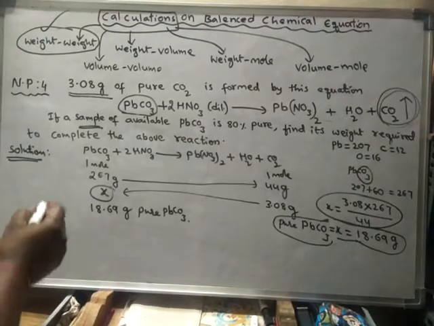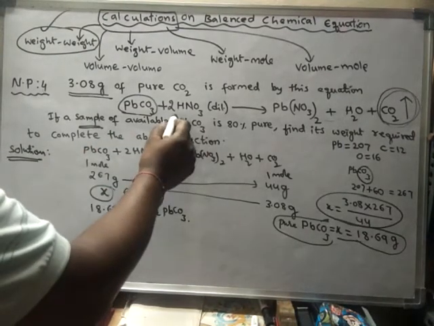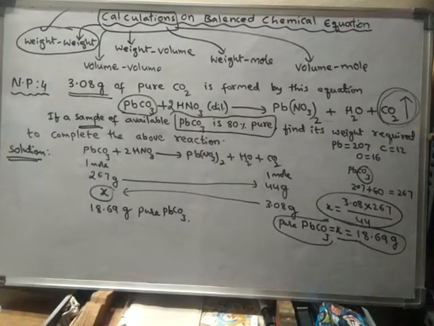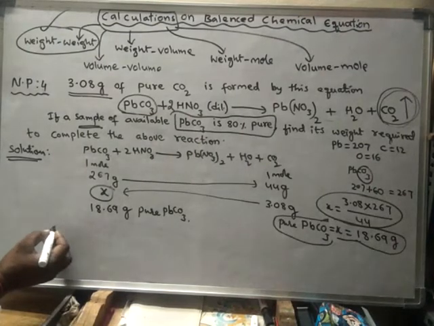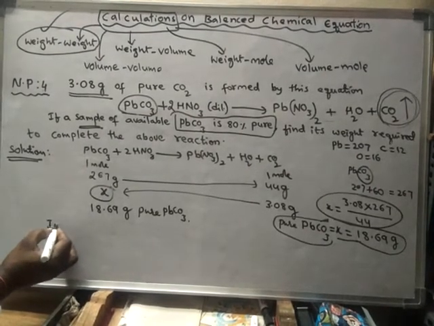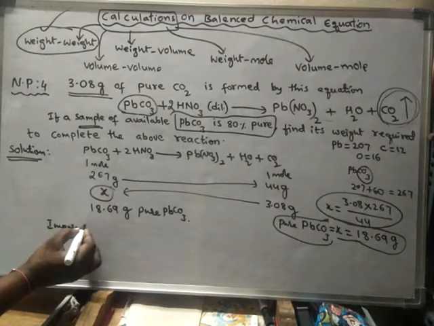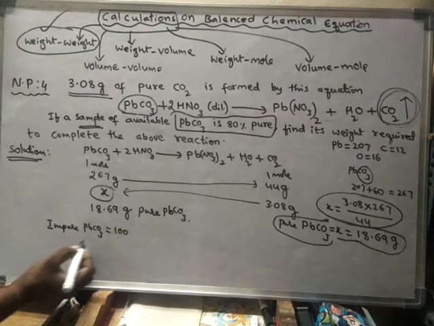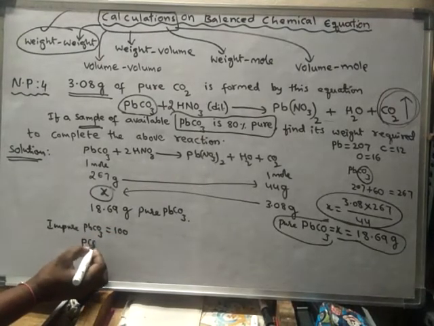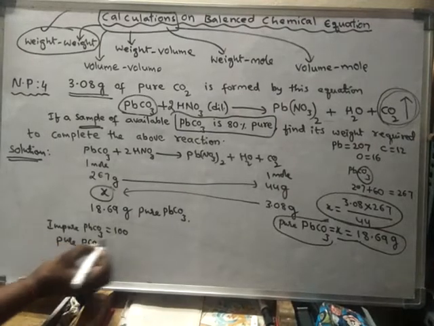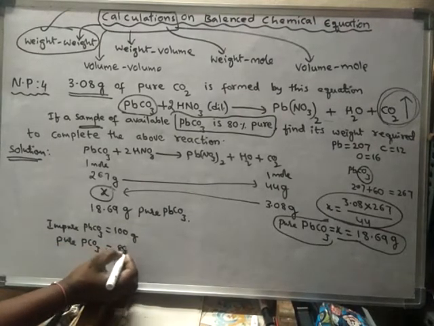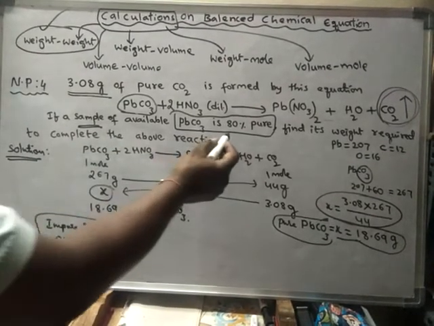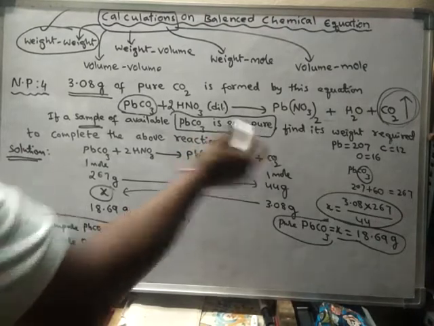Now the question is, lead carbonate is 80% pure. That means suppose if impure lead carbonate is 100 grams, then in that you will get only 80 grams of pure lead carbonate. So the meaning of this is that lead carbonate is 80% pure.